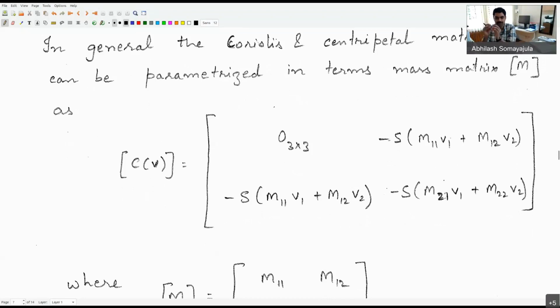So if I closely look at what are the terms there, I can see that it is this operation constructing a skew-symmetric matrix out of this product M11 times V1 plus M12 times V2, and that vector which I get, if I take a skew-symmetric matrix of that, that is what I was getting previously in those so-called big terms which we were seeing there.